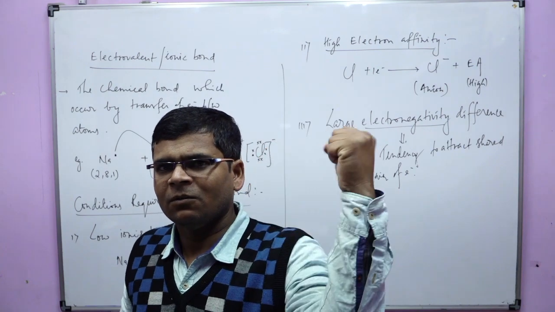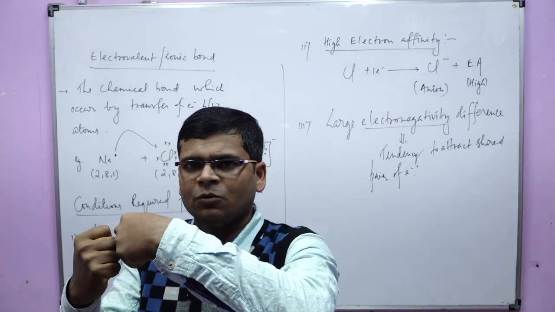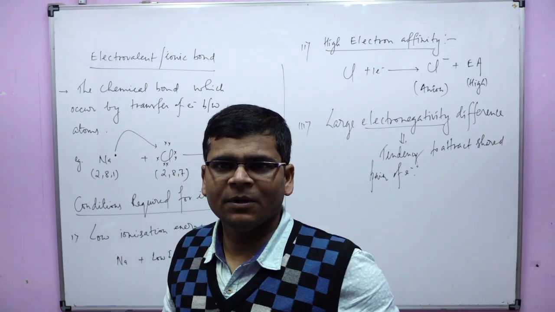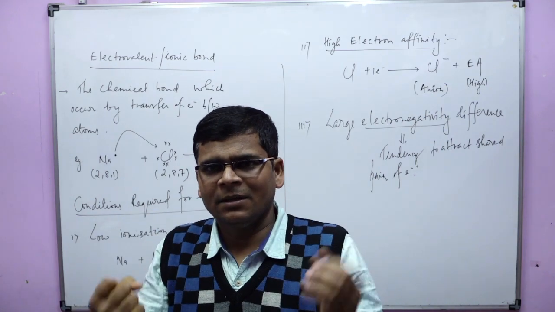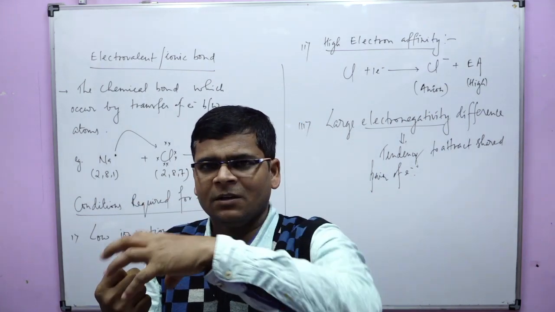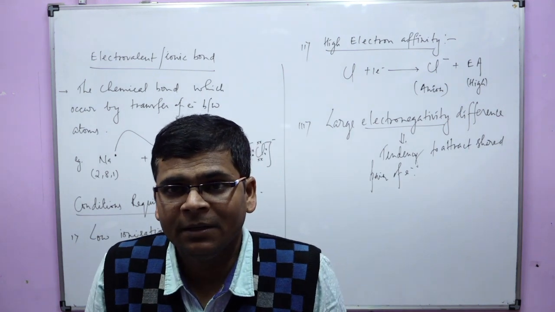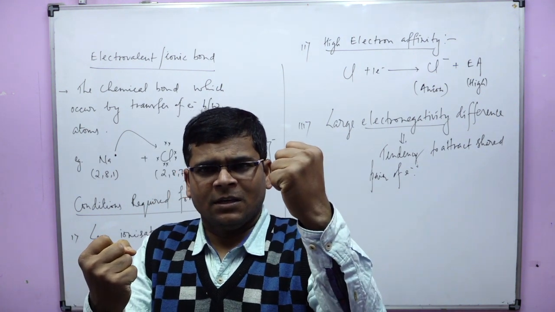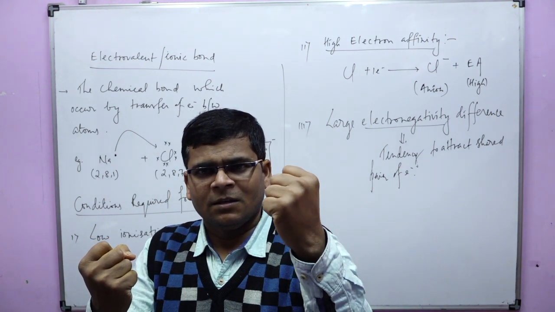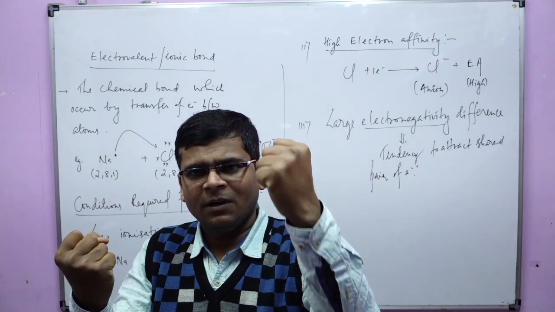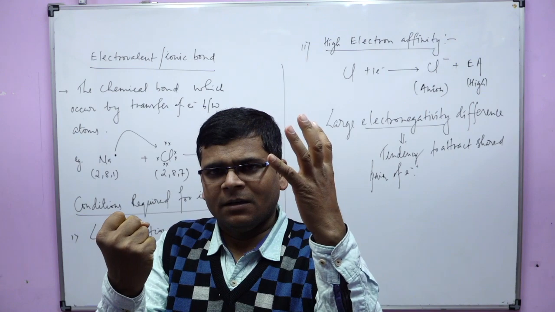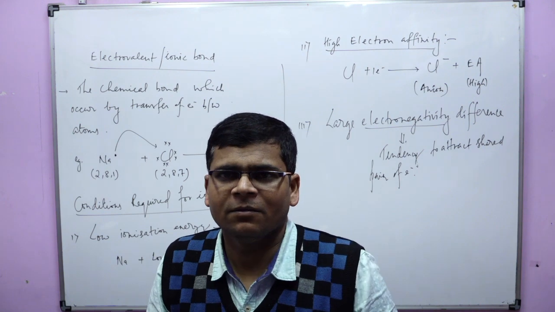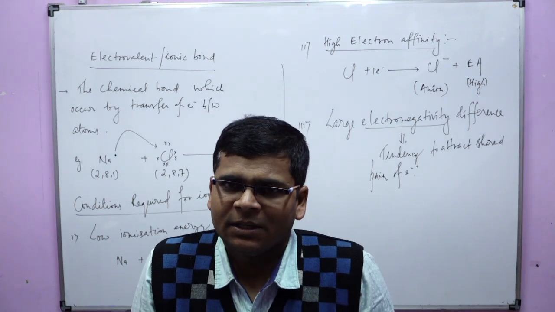So the type of bond here will not be sharing, but transfer. In terms of chemical science, the atom which has huge affinity for electrons will accept, and the one with greater tendency to lose electrons will donate the electrons. Therefore, in that sense, ionic bond takes place.